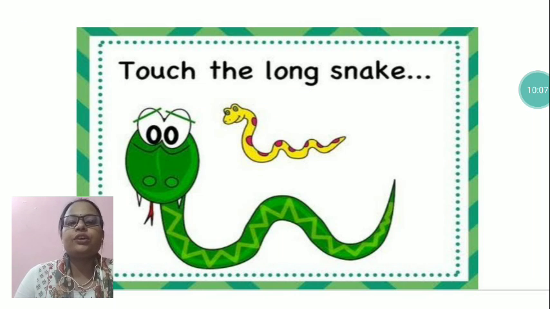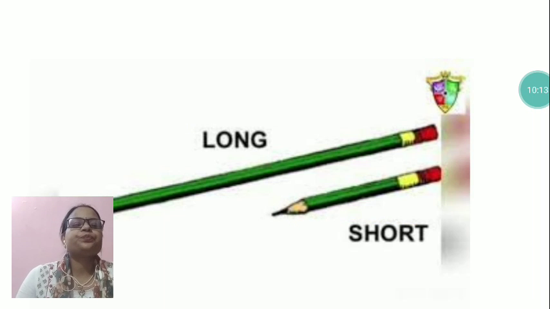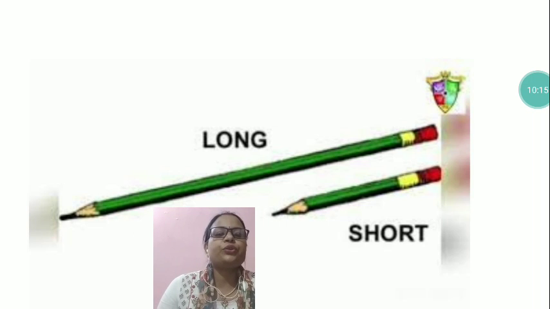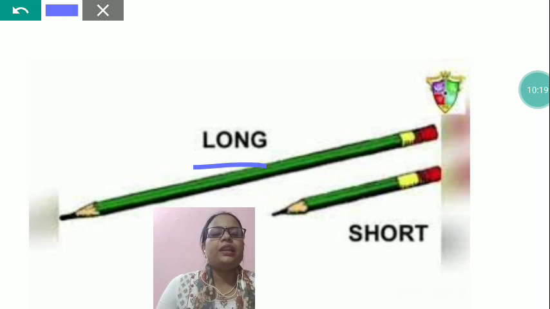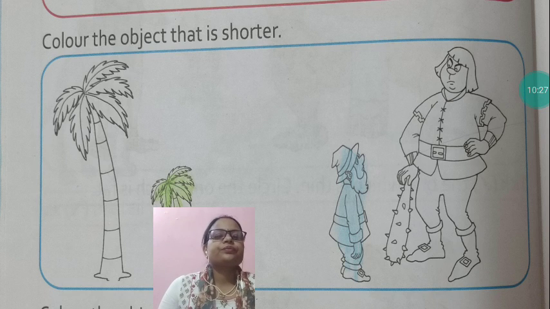Now, which one is the long snake? You can see this is the long snake. Now, the next is, you can see here there are two pencils. This is long, and this is short. This pencil is long and this pencil is short.